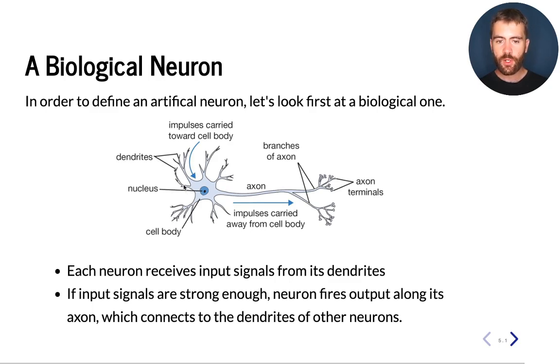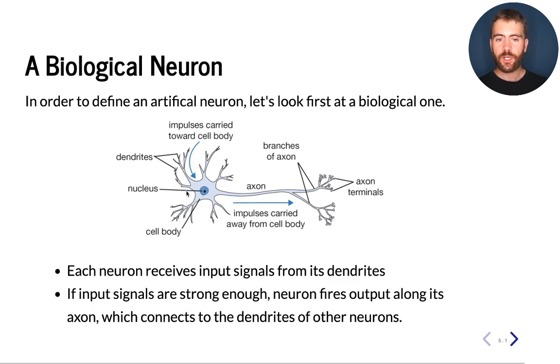The dendrites are parts of the cell which branch out and connect to other cells, and these dendrites receive inputs from neighboring neurons. You can think of these inputs as being electrical signals that have a certain intensity to them, and the cell has a number of dendrites, each of them receives an input signal, and they are all combined at the nucleus.